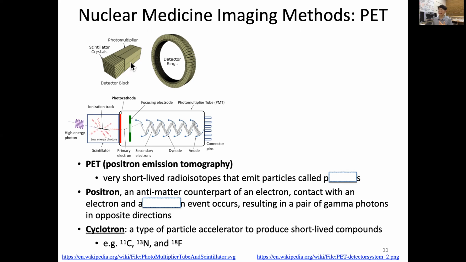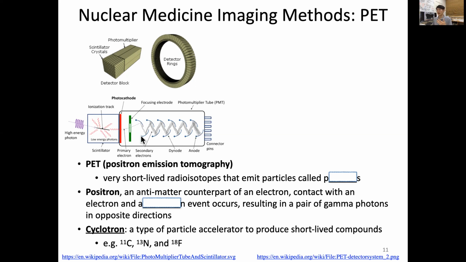And here is a diagram of how this PMT works. High energy photons such as gamma rays come in, and in front there's a scintillator crystal, which converts this high energy gamma ray into a photon, or fluorescence. That photon hits a photocathode, which, based on the photoelectric effect, generates a primary electron that is accelerated to dynodes for secondary emission of electrons. So there is a huge amplification of electrons, such as 10 to the 5th to 10 to the 8th times, generating a current that you can detect.